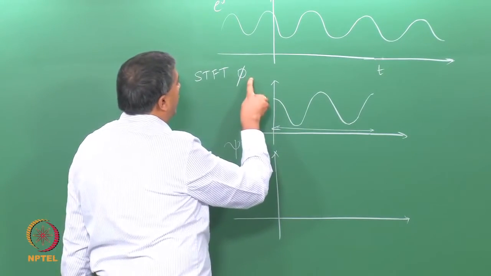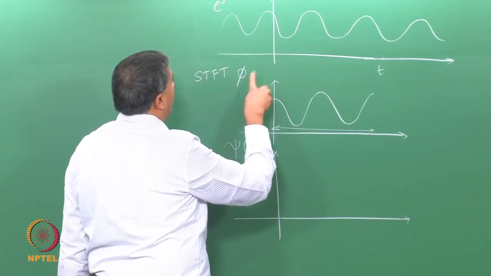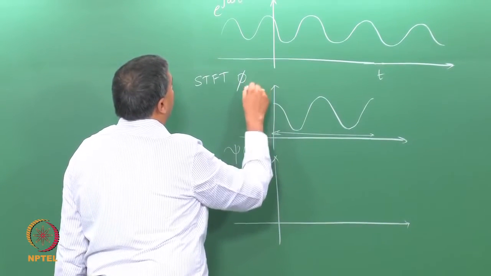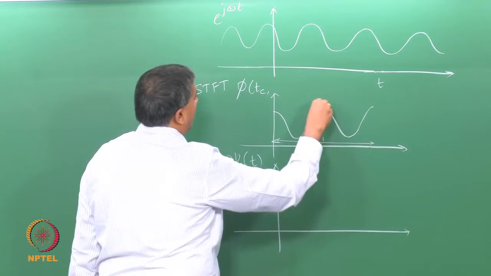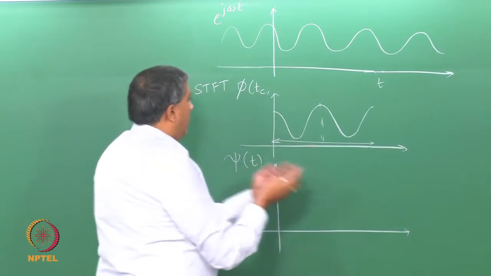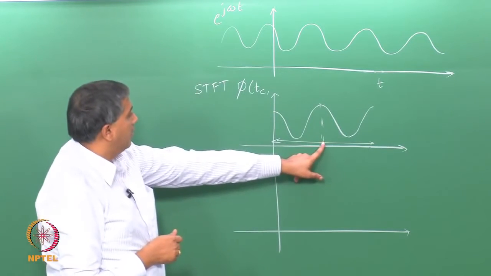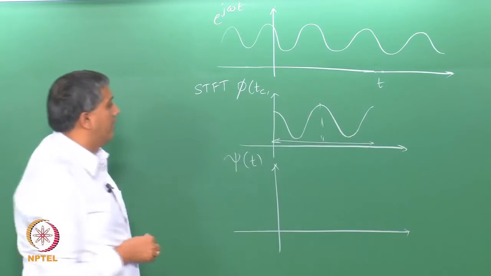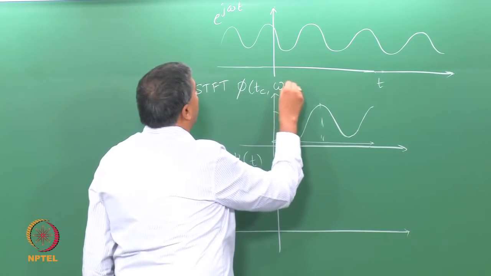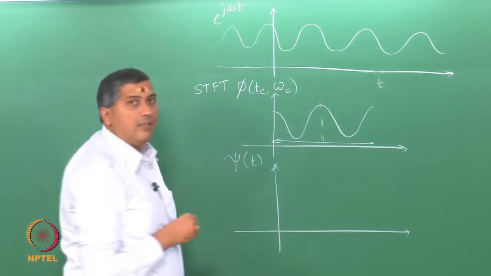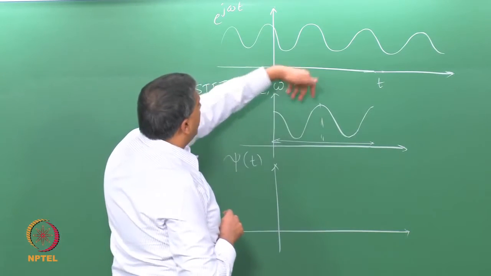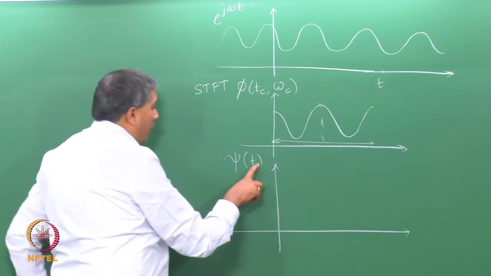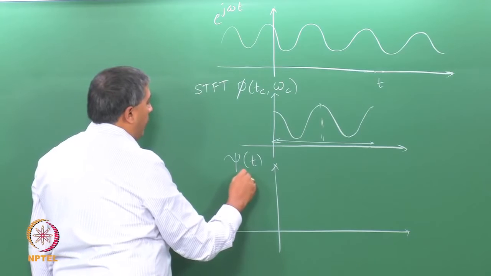The short time Fourier transform is also a function of two parameters: the center time, that is the center around which it exists in time, and a center frequency, which in this case is the frequency of this sine wave itself. When it comes to wavelets, you also have two parameters.